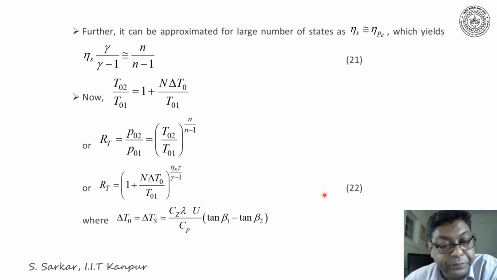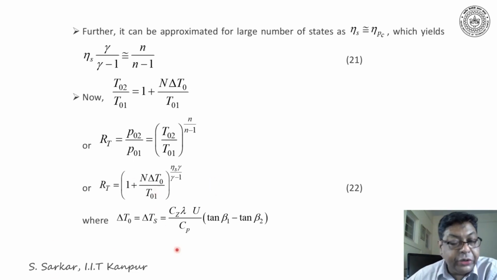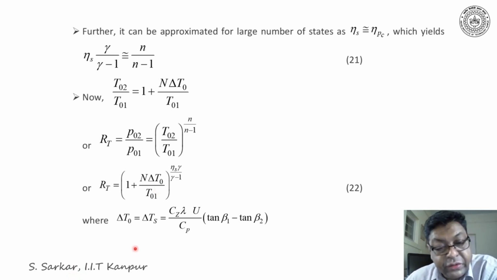Equation number 22. Thus equation number 22 will give us the overall pressure ratio for the compressor if n be the number of stages and eta S is the stage efficiency, that is small stage efficiency, and delta 0 is the stage temperature rise, which can be related to delta 0 is equal to lambda into Cz into U divided by Cp into (tan beta 1 minus tan beta 2).